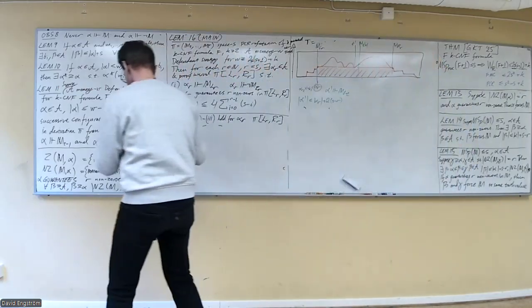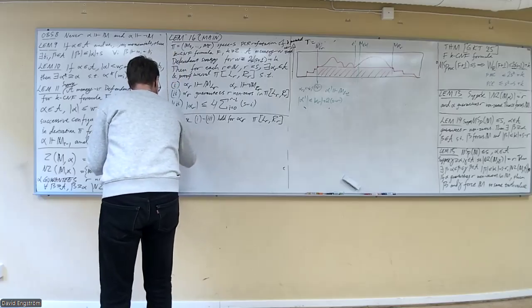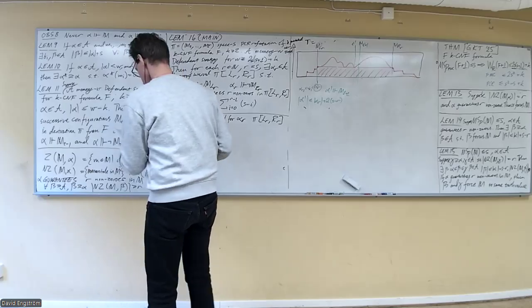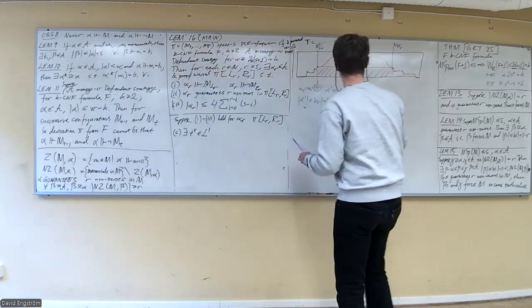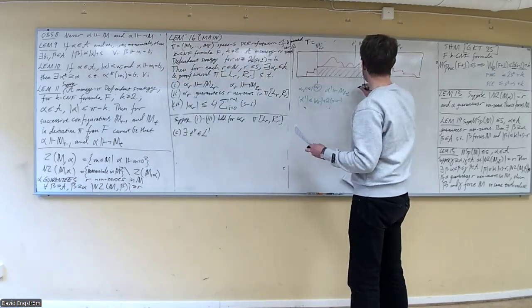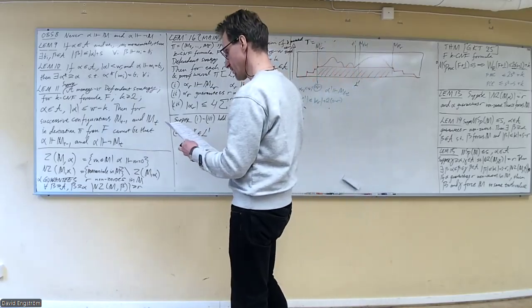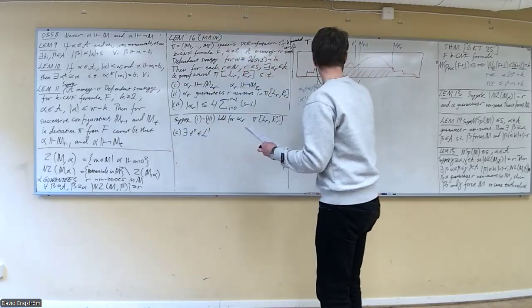Again, we have 2 cases. Case C, there exists a t double prime in L prime. So this is now L prime, right? I said alpha prime to this.